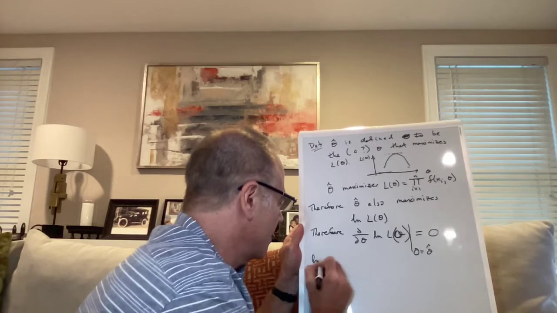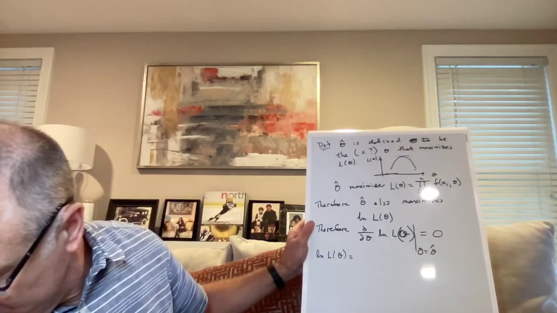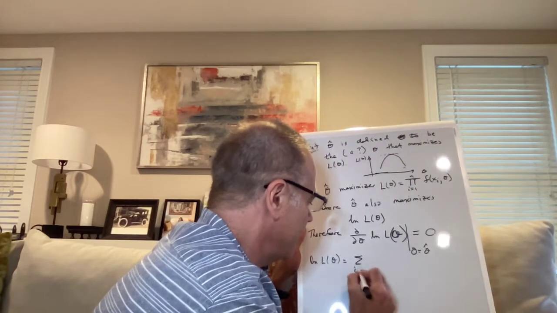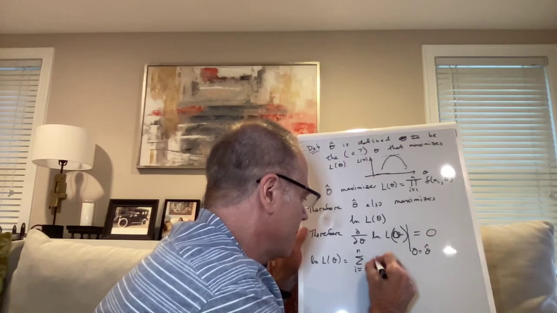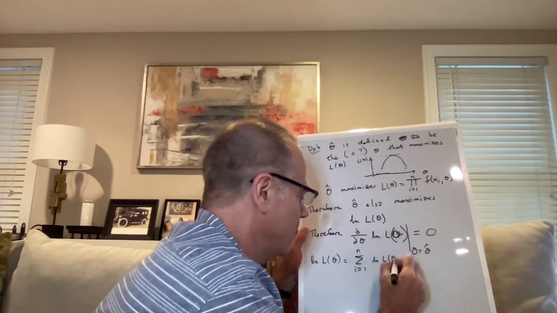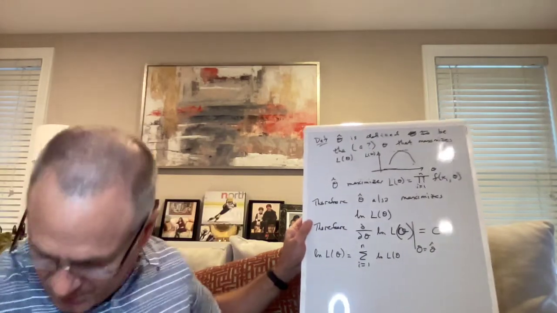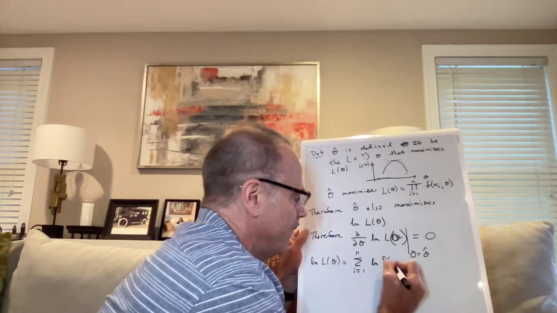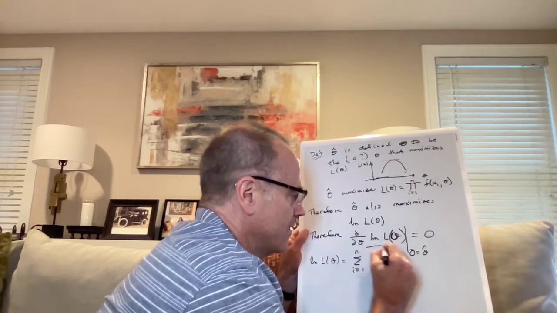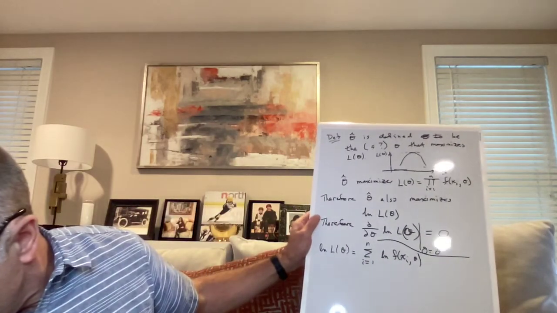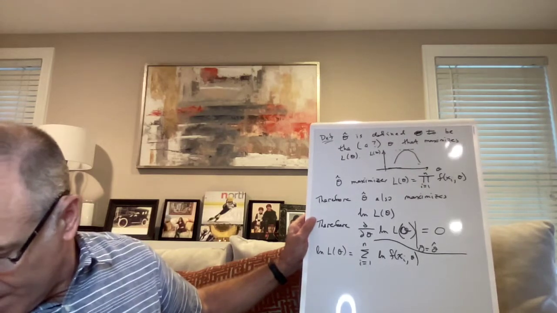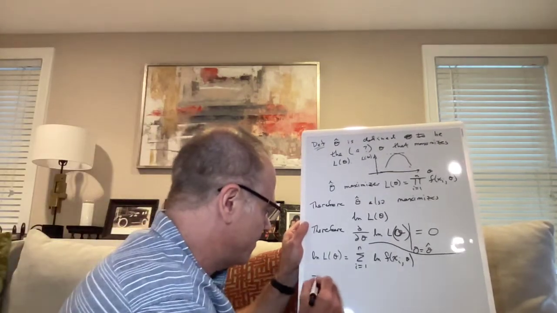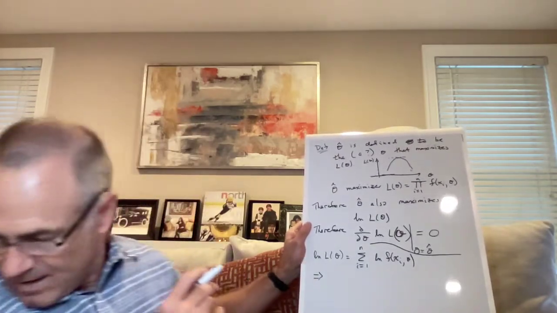Now, log L of theta equals the summation, i equals 1 to n, of log of f of x_i, theta.